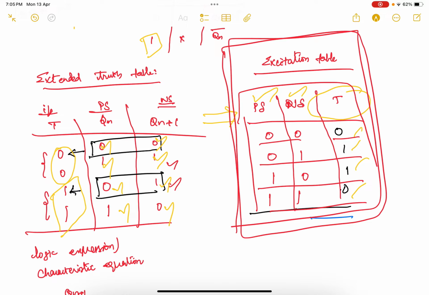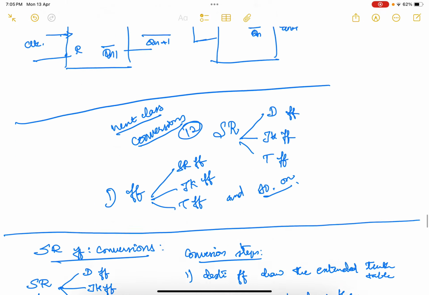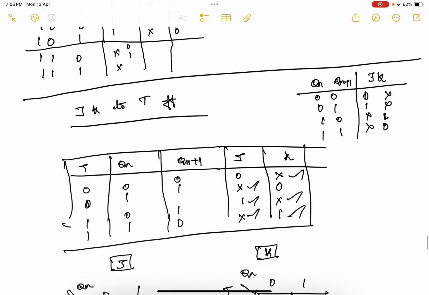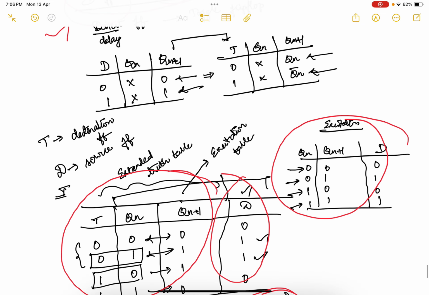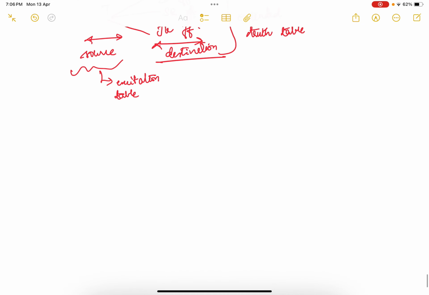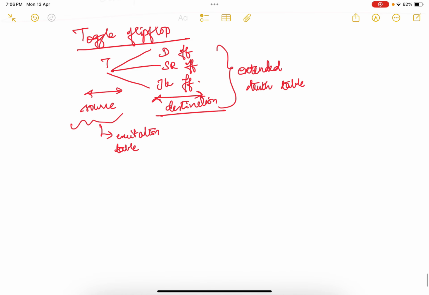Keep this in mind while doing the conversions for this type of T flip-flop.